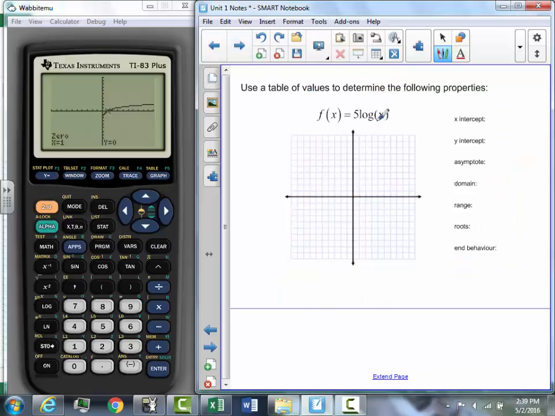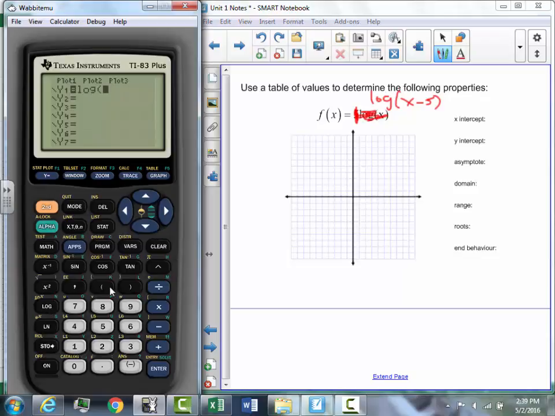Okay, I want to change this one up a little bit. Let's not put the 5 right here. What I'd like to do is, I'll just rewrite the whole thing. Can we do the log of, in brackets, x minus 5? So I'm very clearly putting the x minus 5 in brackets. I want to talk about what this graph does.